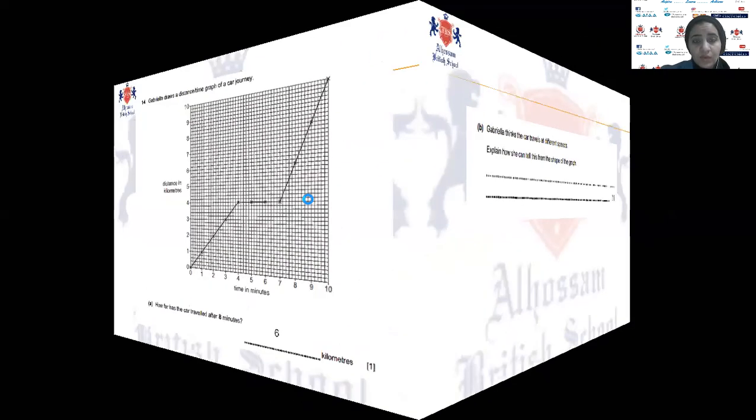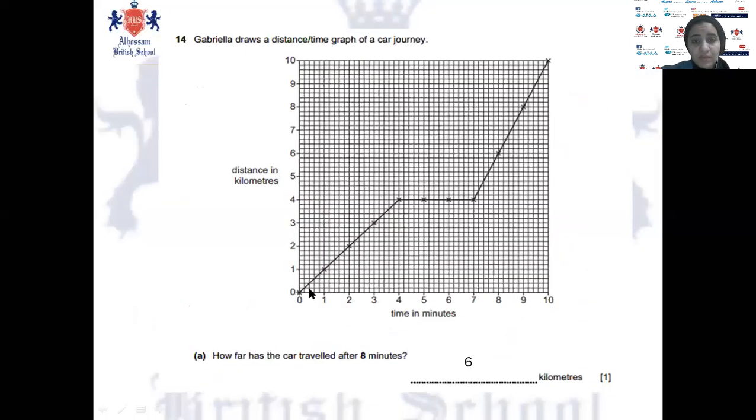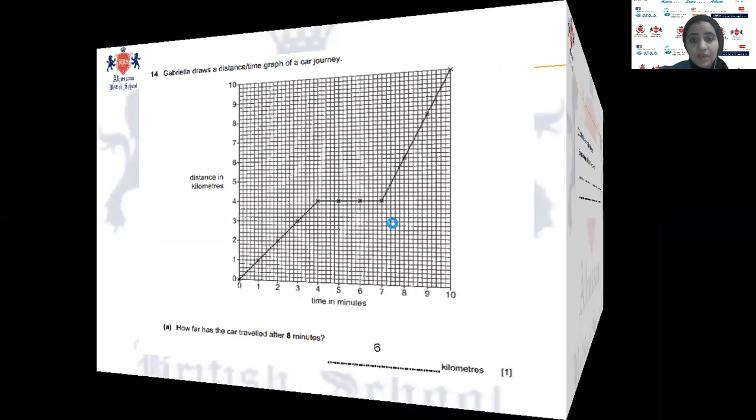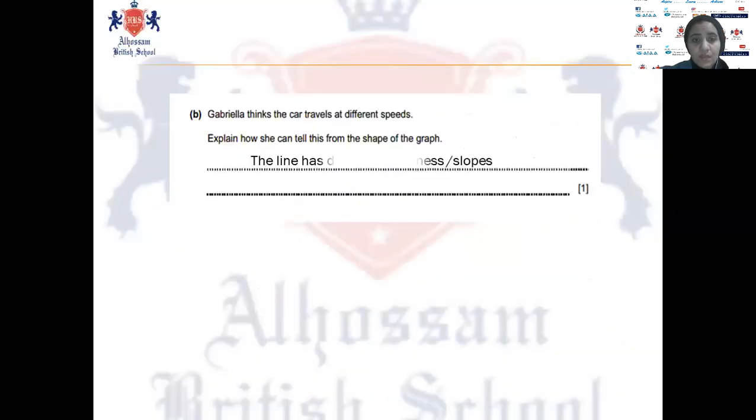Here she is moving at constant speed. Here she is at rest, stopped. Then she continued. We have different slopes. Different slope or steepness of the graph. Excellent. The line has different steepness or slope.